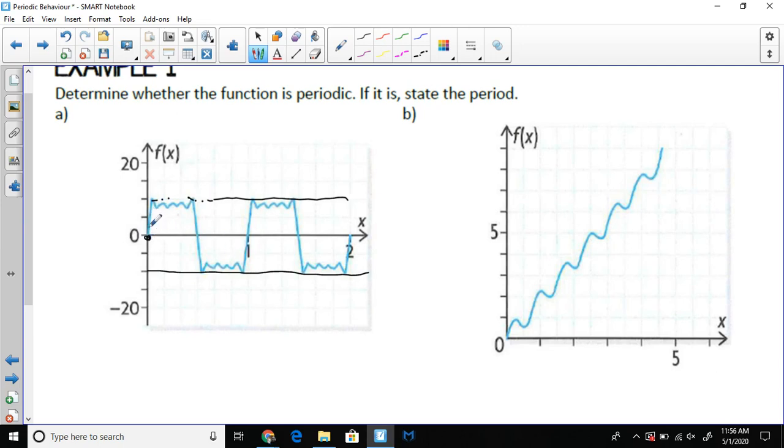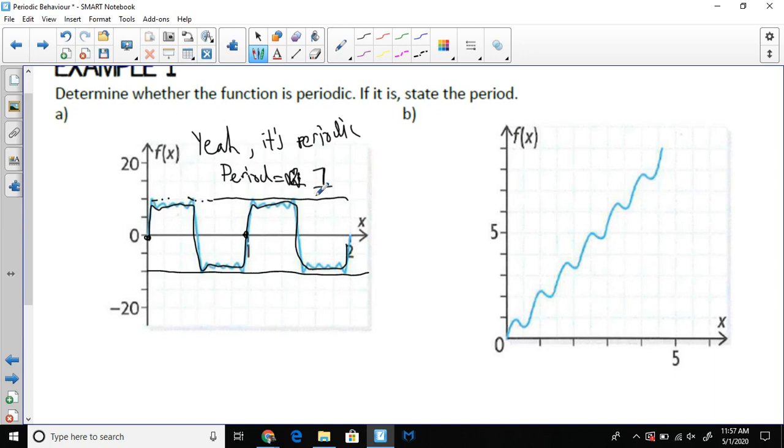Well, yeah, it goes from here up, does this, goes down to 1, and then it does this, goes down to 2. So yeah, it's periodic, and the period is 2. Oh, sorry. I meant 1.